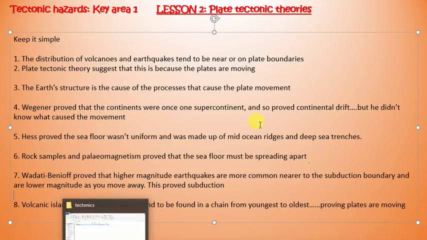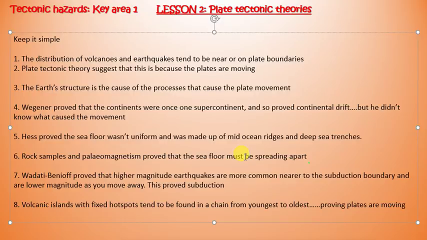They mapped the magnitude and the focal depth of earthquakes at subduction zones, and they realised that the higher magnitude ones happen more frequently at or very close to the boundary, and then gradually as you move away from the plate boundary, the focal depth increases. This proved that the subducting plate is going down into the asthenosphere.